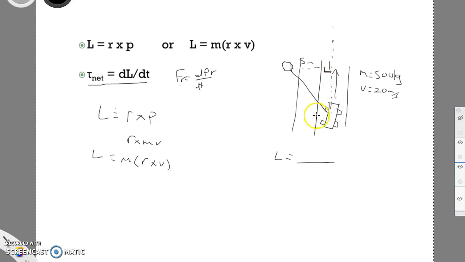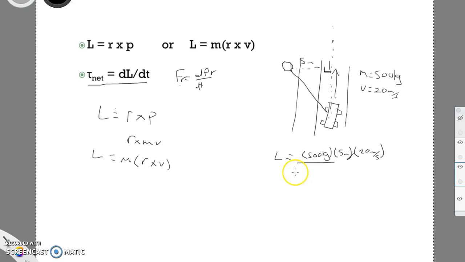Okay, and so it has a mass of 500 kilograms, it passes by within the closest distance of 5 meters, and it has a velocity of 20 meters per second.